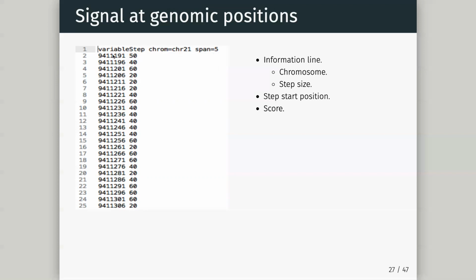Okay, and you can see then it writes out the first 50, and then 5 base pairs later, the coordinate 40. So it's saying from this position till this next position, we have a score of 50. From here to here, we have 40. From here to here, we have 60. From here to here, we have 20. All the way through the genome in steps of 5.